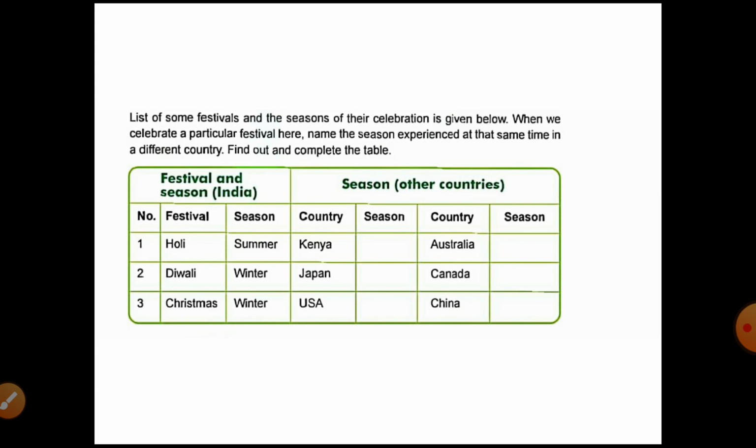At the time of Holi, while we are celebrating Holi, what is the season they are experiencing in Kenya? In Japan, what is the season they are experiencing? Is it summer, winter, monsoon, spring, autumn? What season are they experiencing? Same for the USA, Australia, Canada and China.